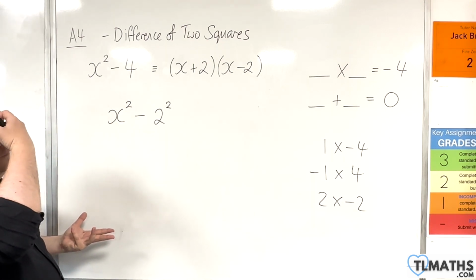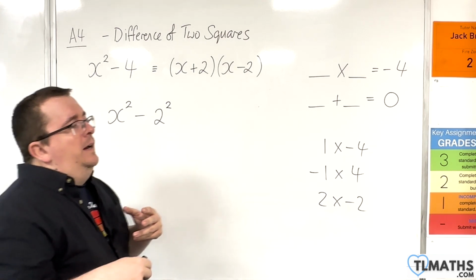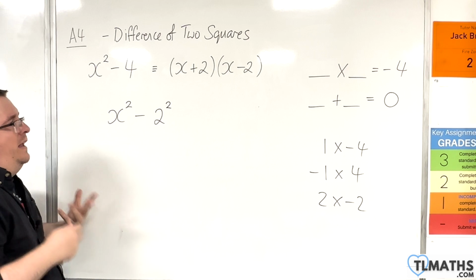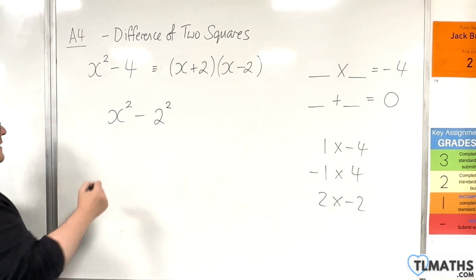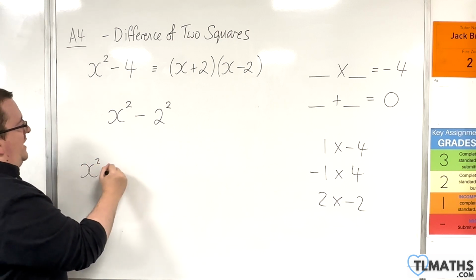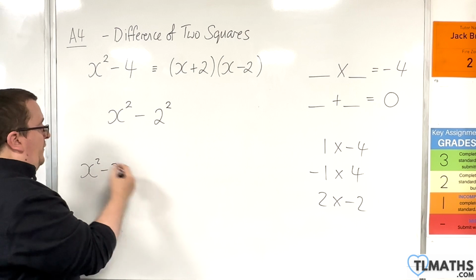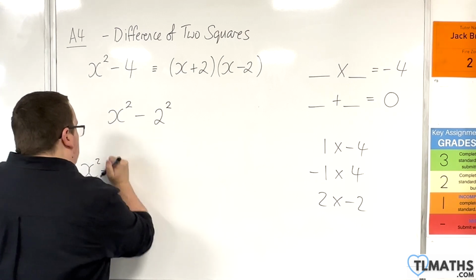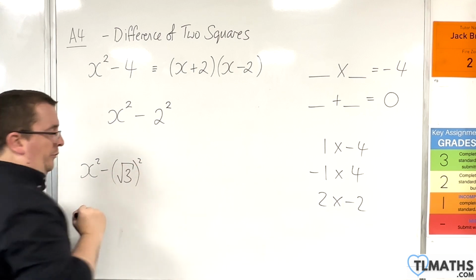Now of course you can kind of get around that. So for those of you thinking, well, what if it's not a square number? Just as a very quick aside, if you had x squared take away 3, for example, then that 3 is actually the square root of 3 all squared.